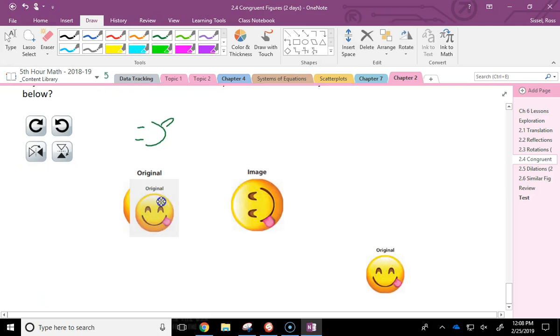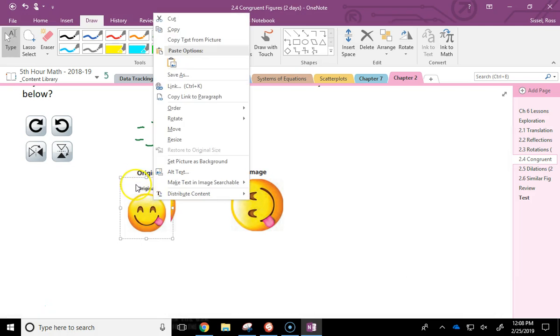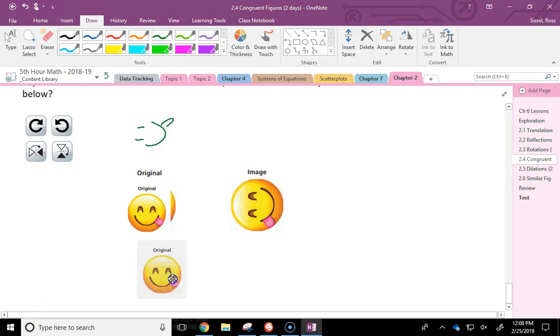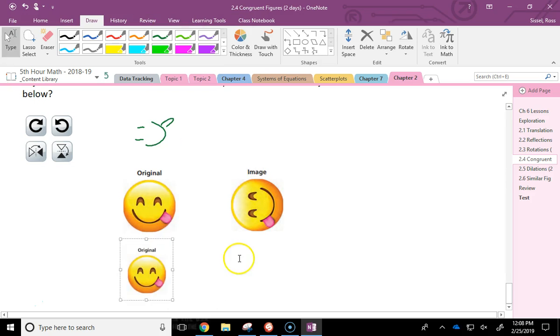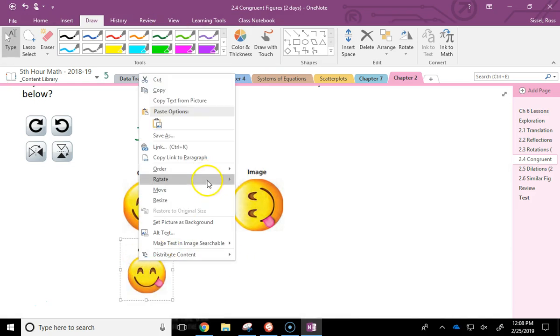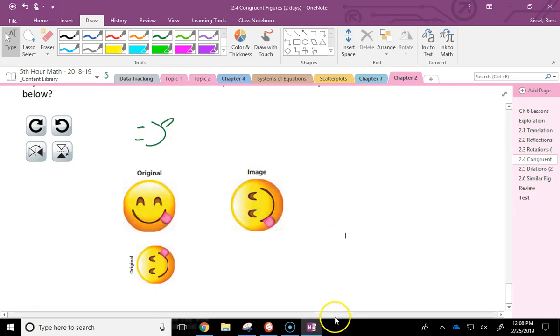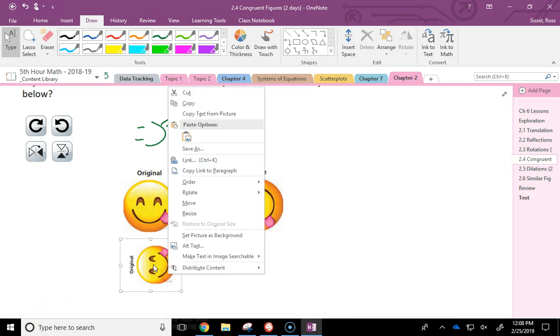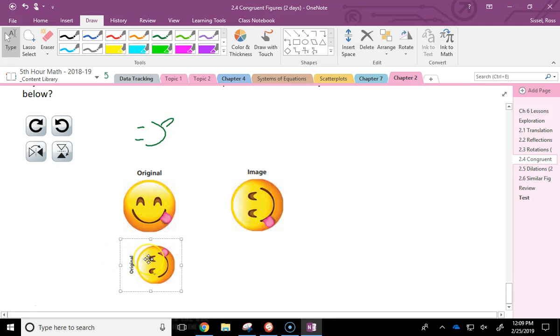If I took this one and it was like that, and I rotated it, you said counterclockwise, so I'm going to go left 90 degrees. So let me take it right here so you can see it. If I rotate it 90 degrees left, it'd look like that. So how's the tongue on the other side? You have to reflect it. We would have to reflect it. It's like a pancake, I'm going to scoop it up and just flip it over. If I did that, this would go on the opposite side.